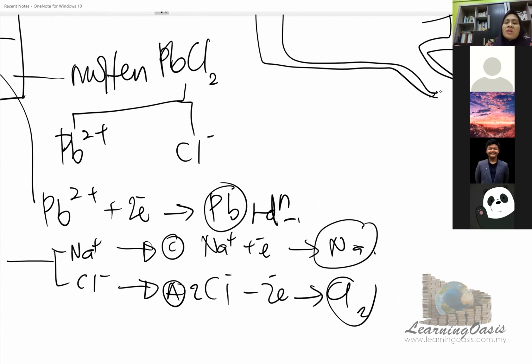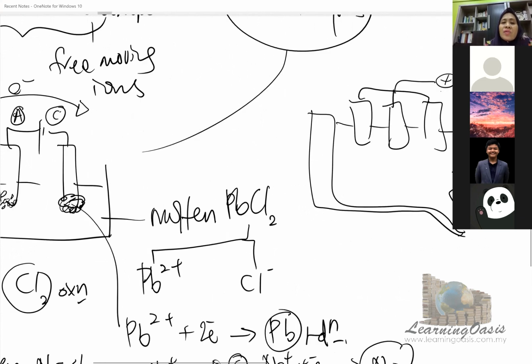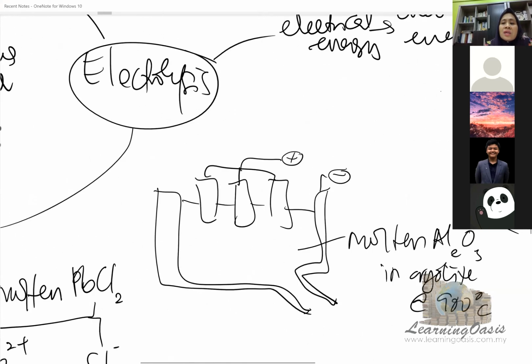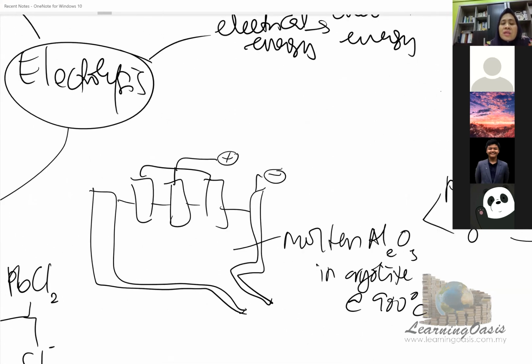So now, based on these three examples, what is electrolysis? Anyone? Molten aluminium oxide, you get aluminium and oxygen. Molten sodium chloride, you get sodium and chlorine. Molten lead chloride, you get lead and chlorine. If I give you molten magnesium oxide, what do you get?